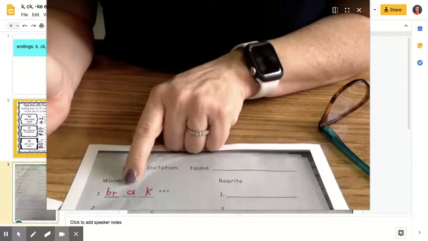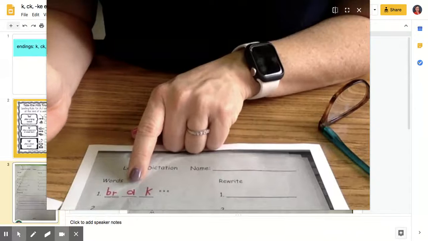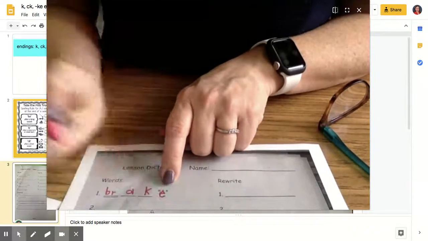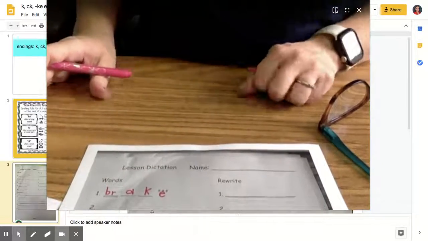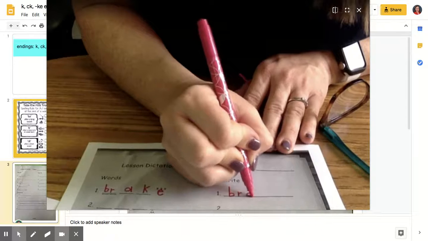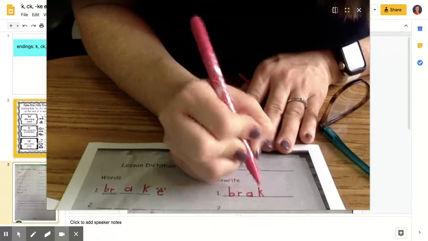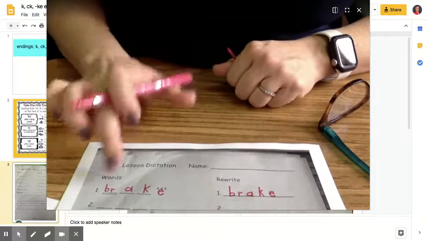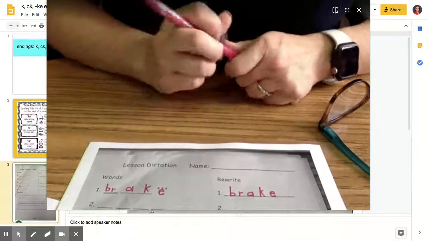Now, I heard that this was a long A, and I see these little stars, which I remember is magic E. So my word is break. B-R-A-K-E. Break.